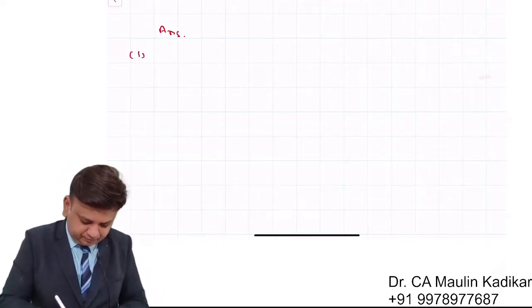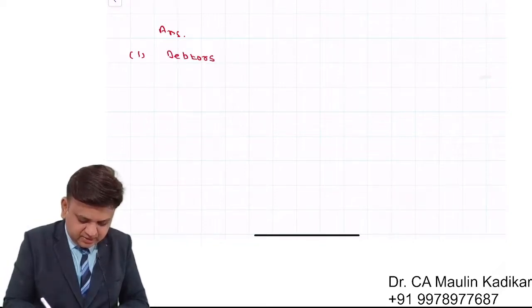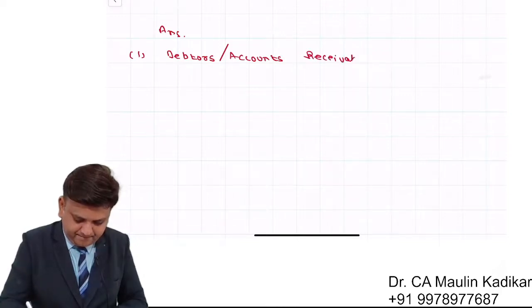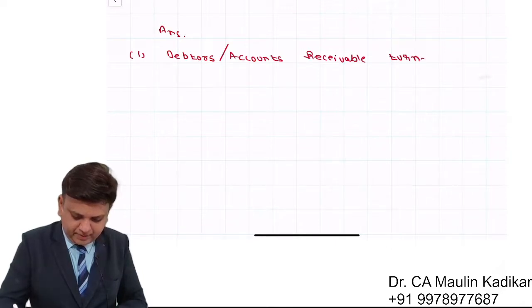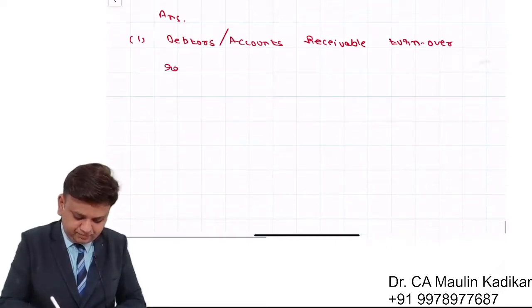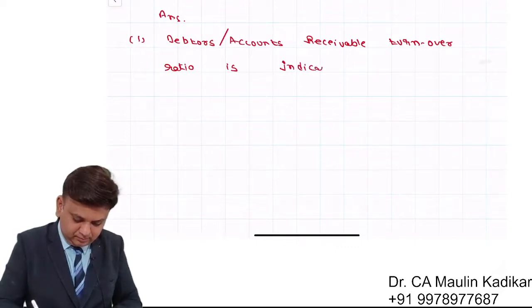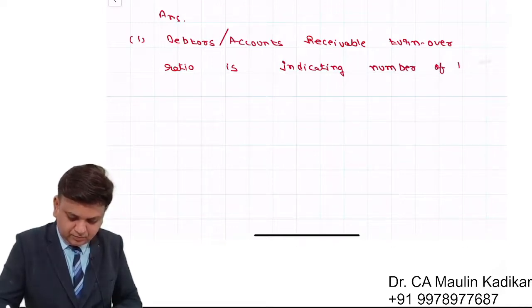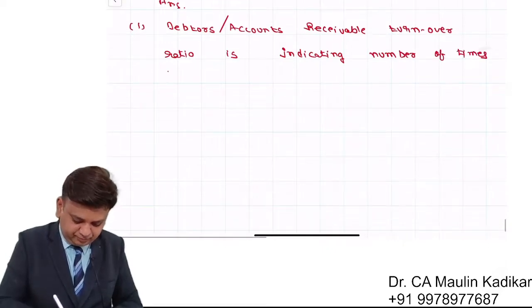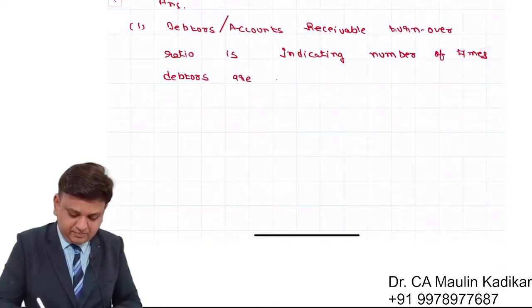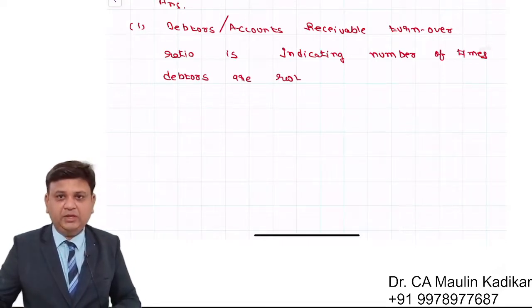First point, debtors/accounts receivable turnover ratio is indicating the number of times debtors are rotated in a year.